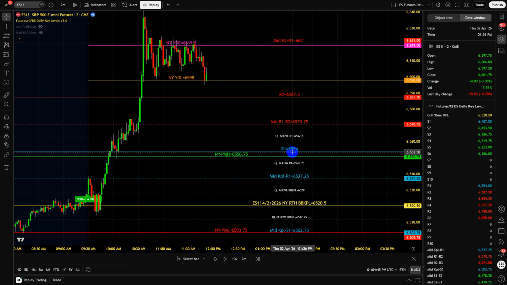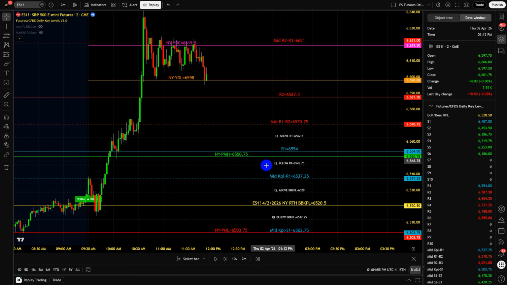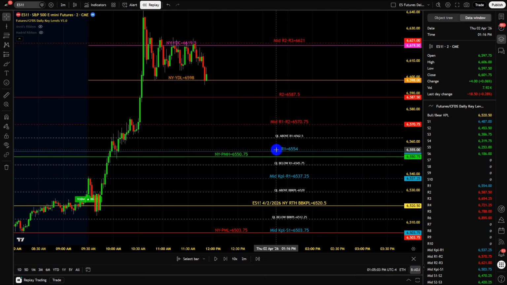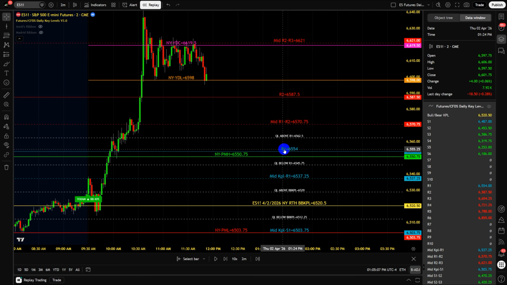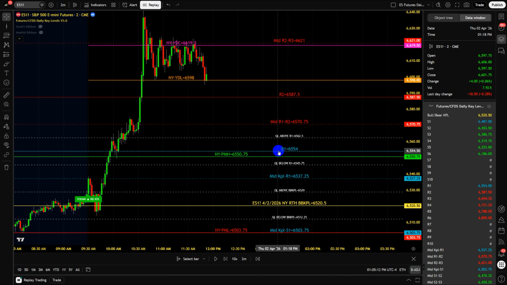What I mean by that is you could place it a couple ticks below or a couple ticks above, or you could put it exactly at that level. Whereas with SPX, we're looking for a hit of this exact level, with futures you can look at more of a zone. You could place the order a couple ticks above or a couple ticks below, or exactly right there. It just really depends on your preference.